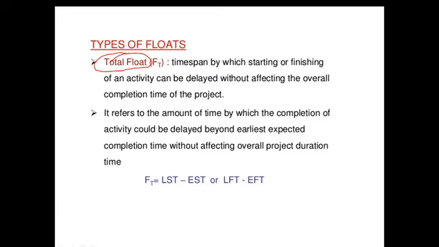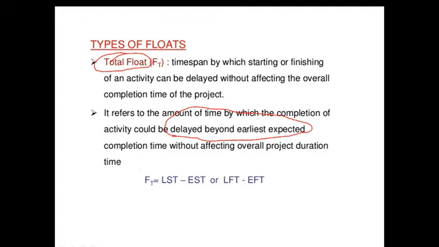Total float refers to the amount by which the completion of an activity could be delayed beyond the earliest expected completion time without affecting overall project duration time.